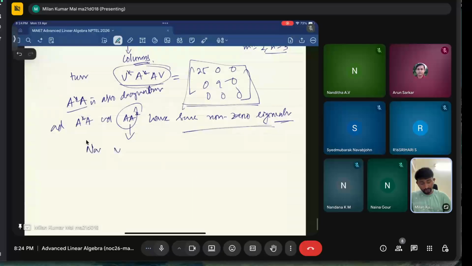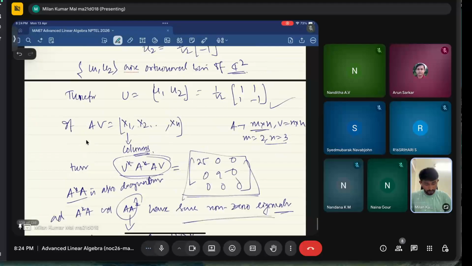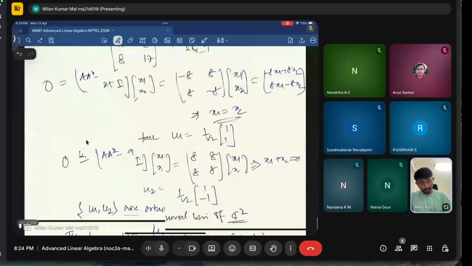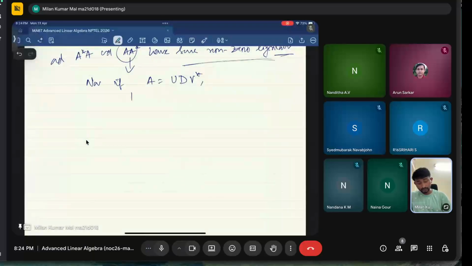Now if A is equal to U D V star, then A star A has to be equal to V D star U star U D V star.